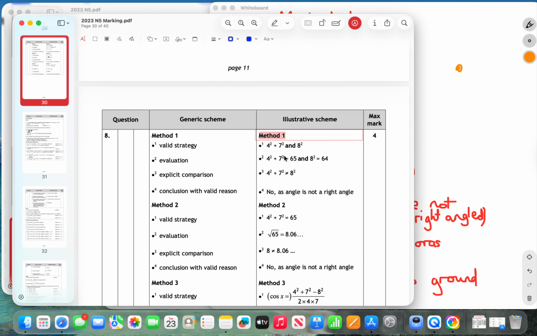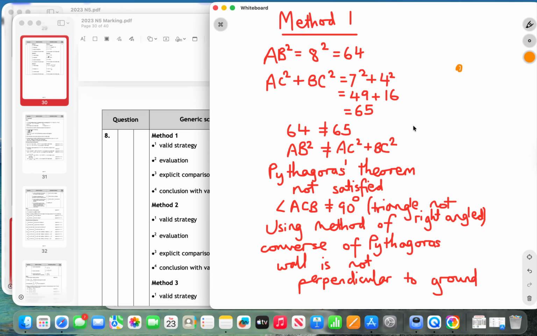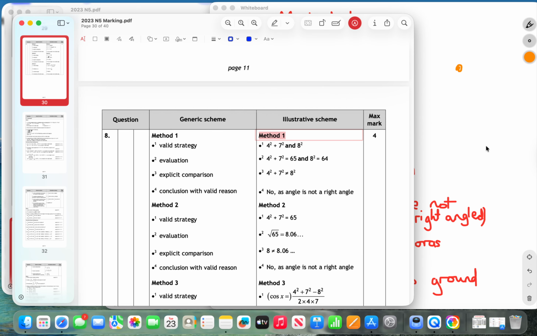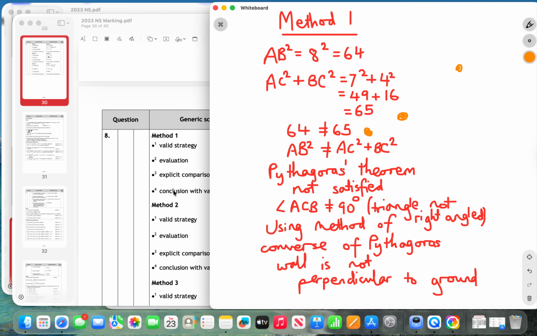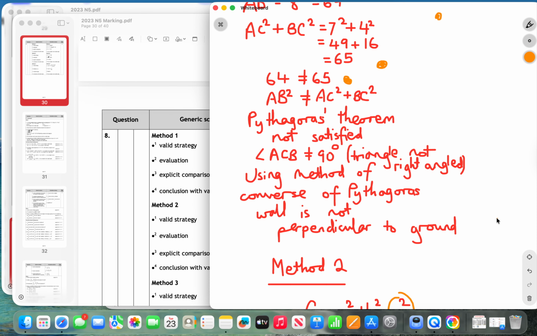The next mark is for getting 65 and 64. The third mark is for the comparison, and the fourth mark is for the explanation. Now, I maybe did go overboard with this one, but you never know what the SQA want you to write, so you're best off playing it safe.